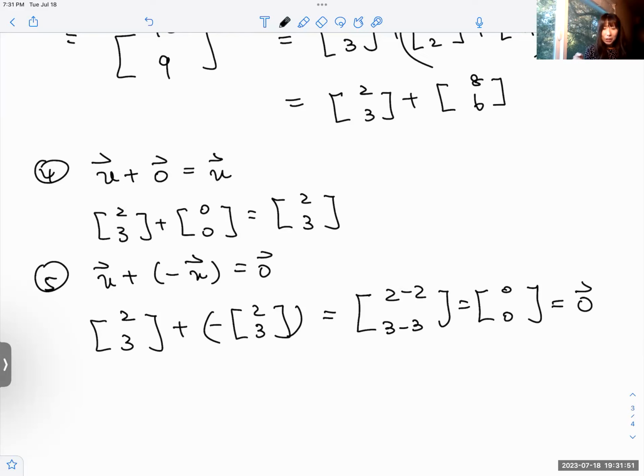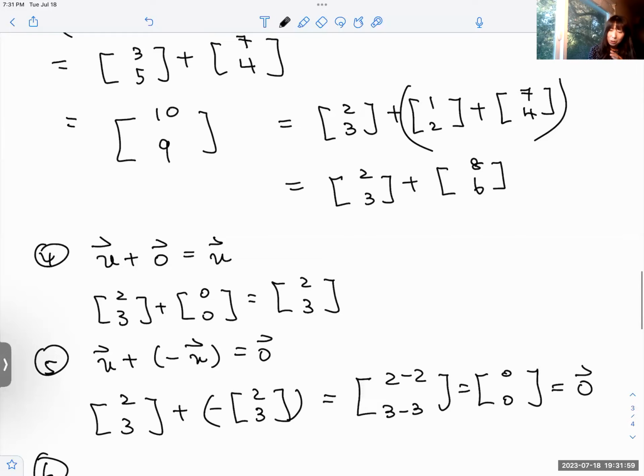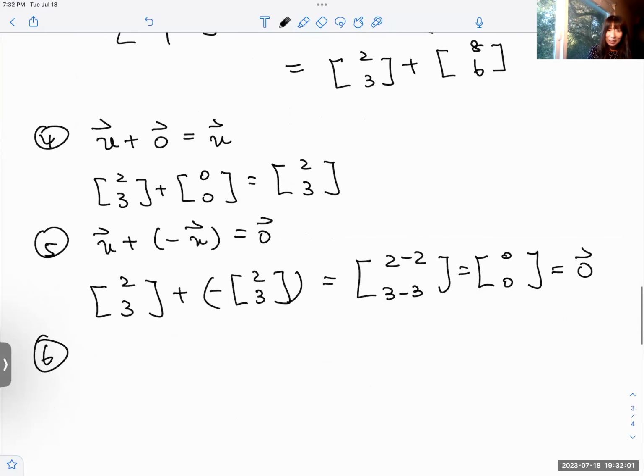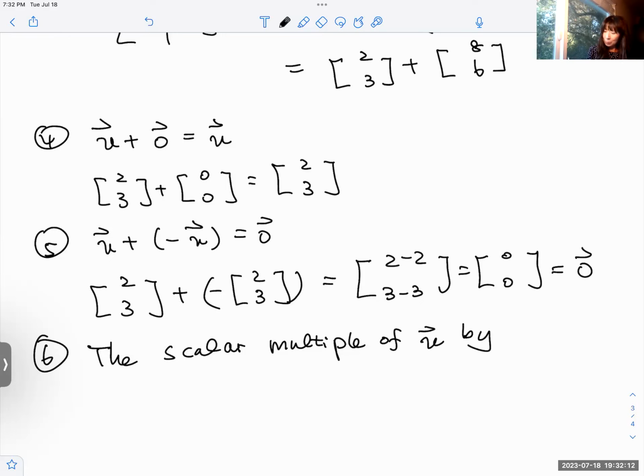Now scalar multiple, that must be number 6. The scalar multiple of u by a, so a u should still be in V, right?